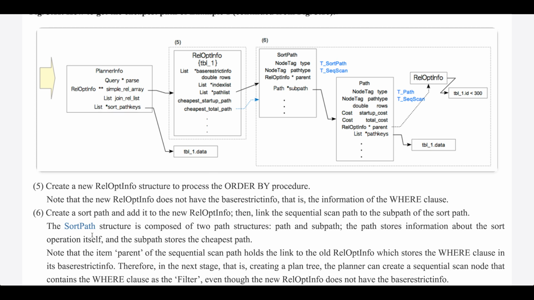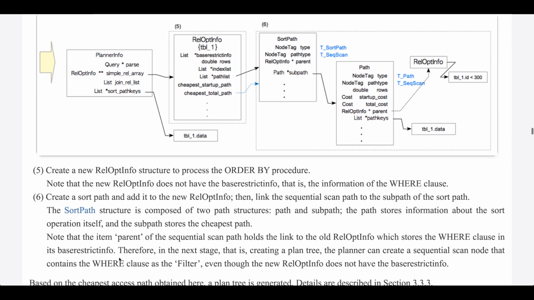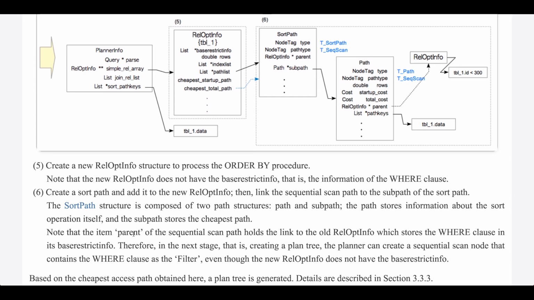The sort path structure is composed of two path structures, path and subpath. The path stores information about the sort operation itself, and the subpath stores the cheapest path. Note that the item parent of the sequential scan path holds the link to the old RelOptInfo, which stores the where clause in its baserestrictinfo.